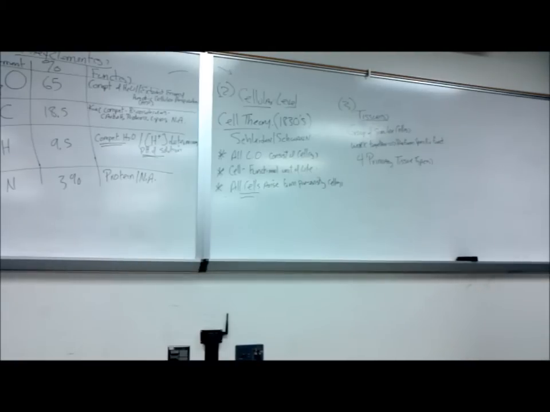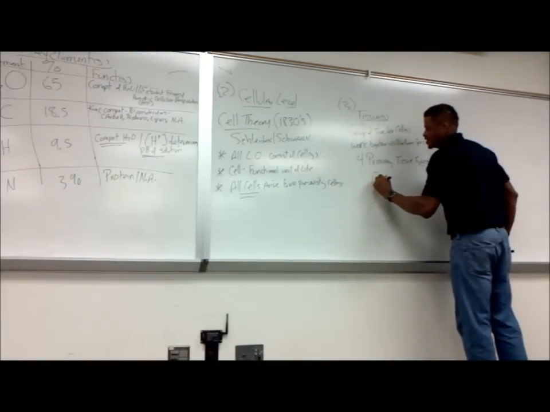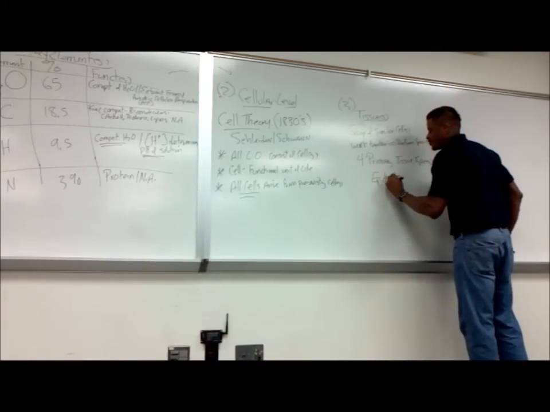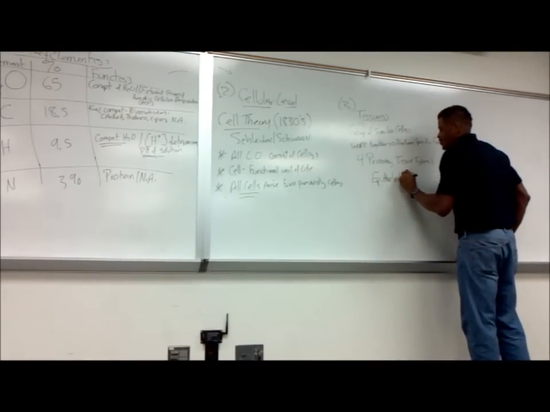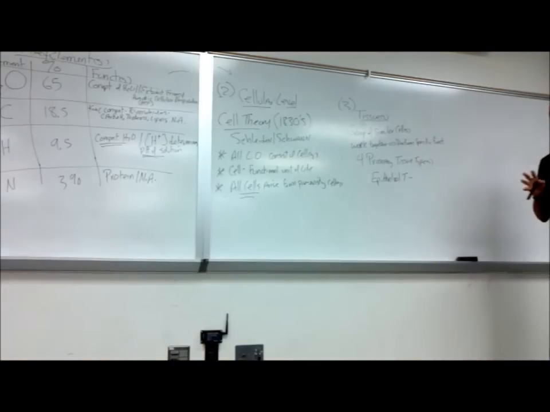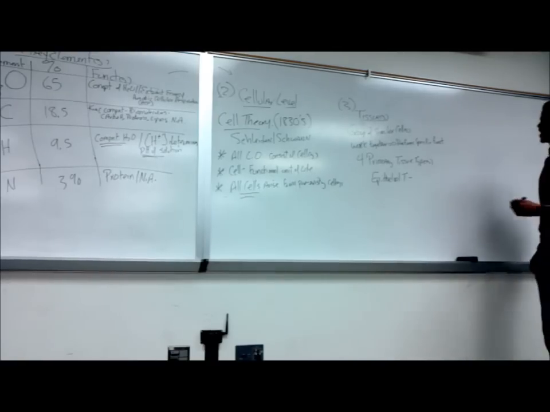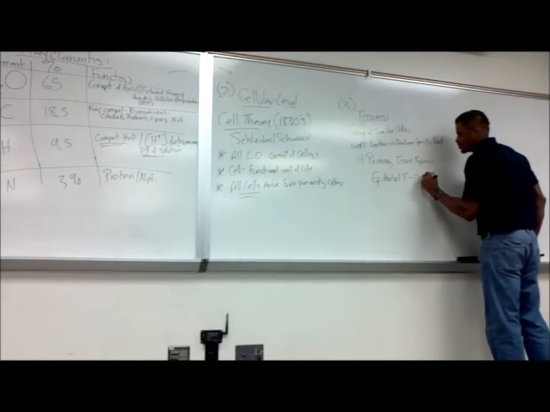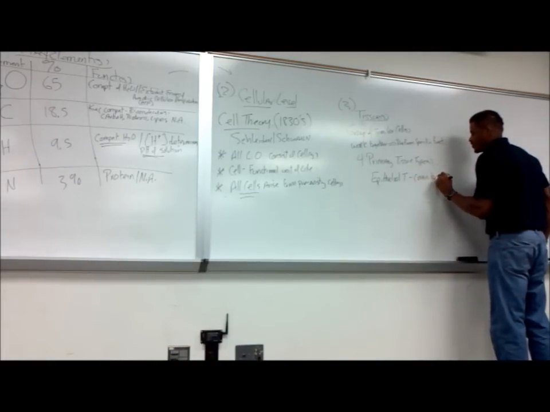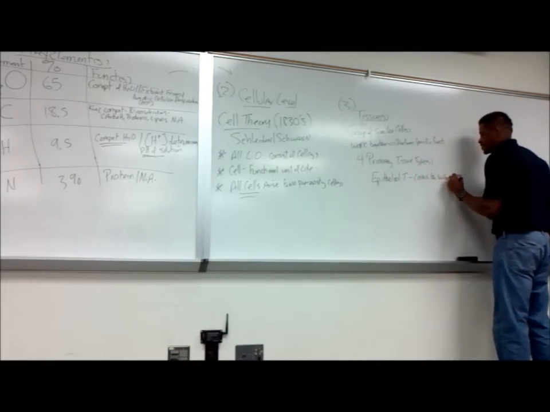Epithelial tissue covers the surfaces of the body. Look at our skin. This is our stratified keratinized epithelial tissue. So it covers the surfaces of the human body.